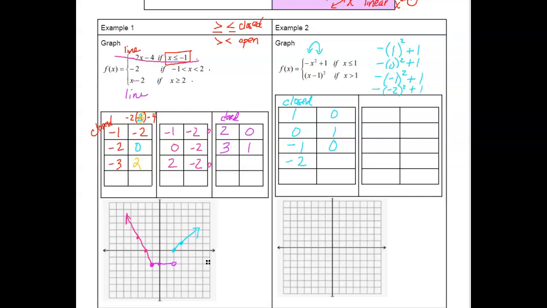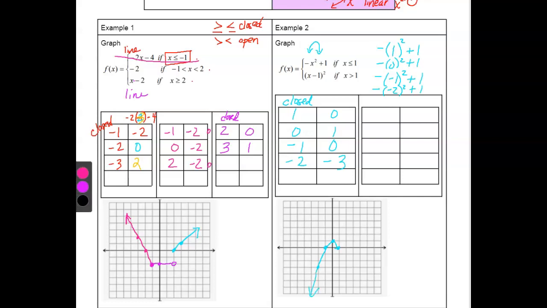We would get 4, -4 plus 1 is -3. All right, and so now we're going to graph these. So 1, 0, and that's closed. 0, 1, -1, 0, and you can see how it went down, so I know I have the right shape, and then -2, -3. And then we just want to kind of curve this. It's not a line, it's a parabola, so it's like a U shape.